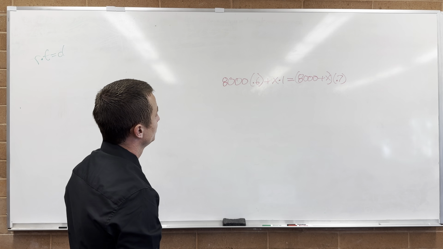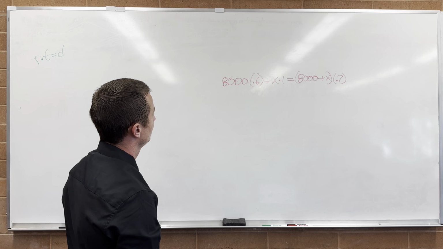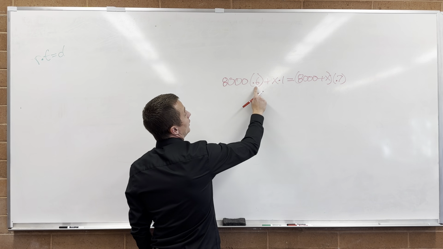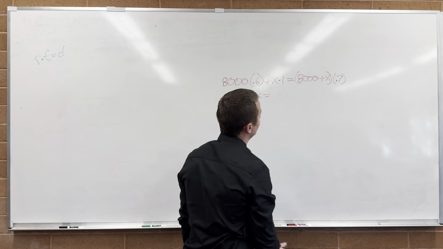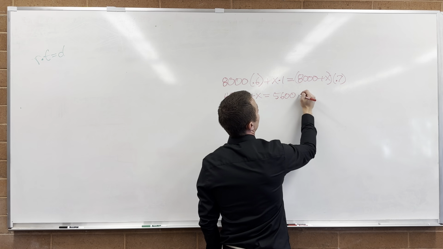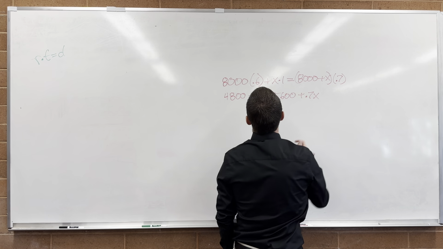So I think that works, but that's not a very intuitive way to think about this. 8 times 6, so this would be 4,800 plus x is equal to, this would be 5,600 plus 0.7x.